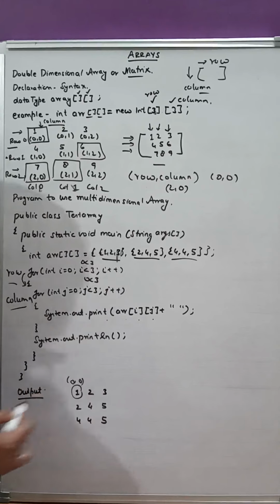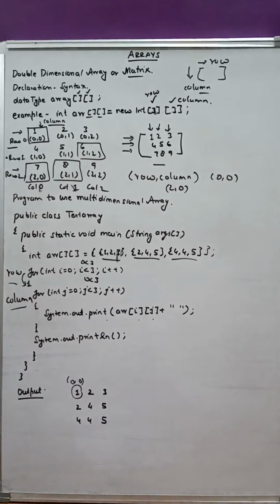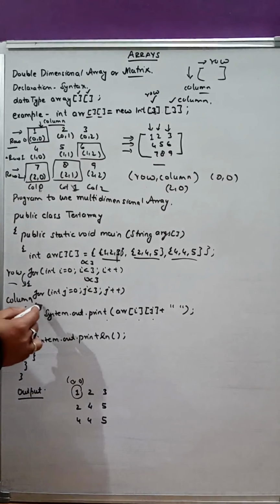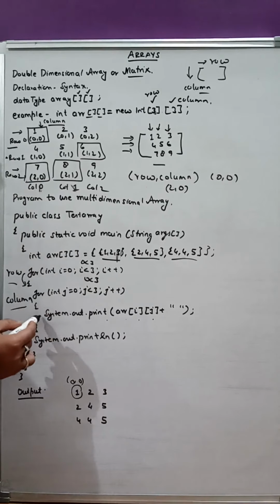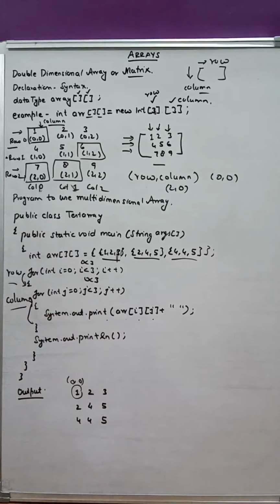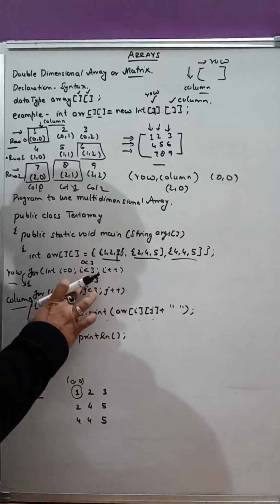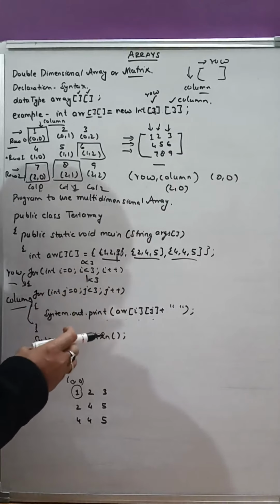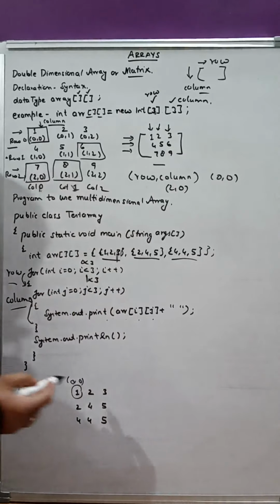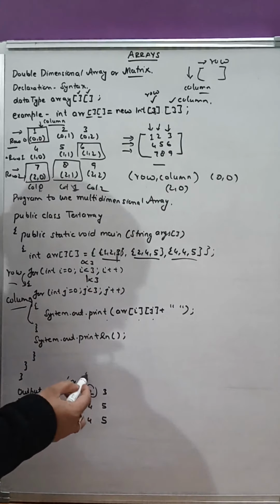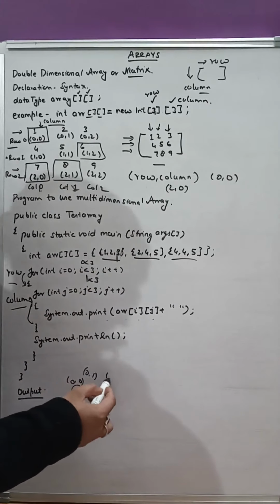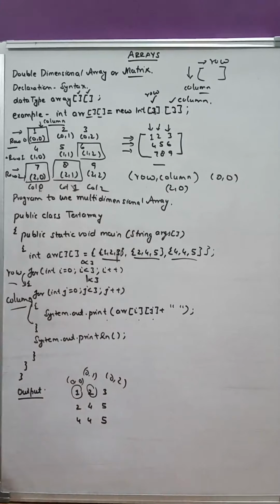This is the 0 comma 0 index. Once the value is printed, the inner loop runs again with j equal to 1. 1 is less than 3, so the condition is right again, and the value is printed at 0 comma 1 index. In a similar way it will be printed for the 0 comma 2 index.